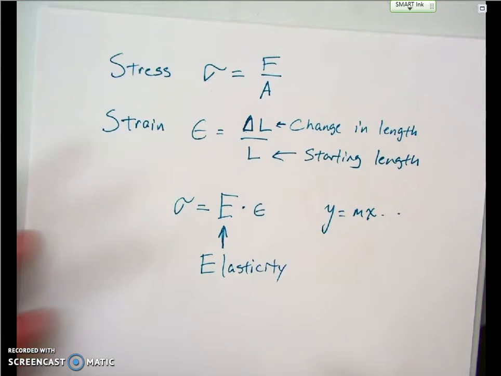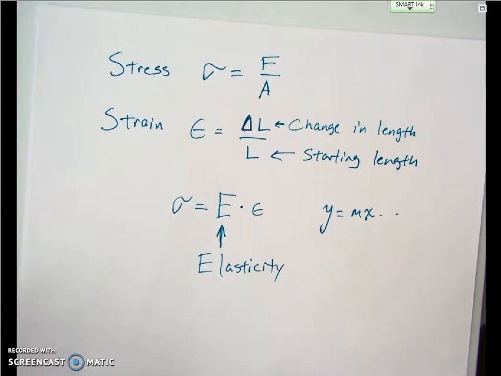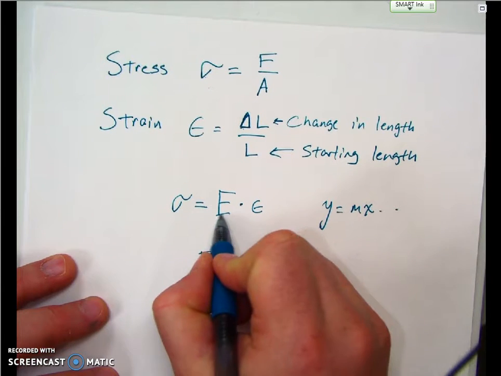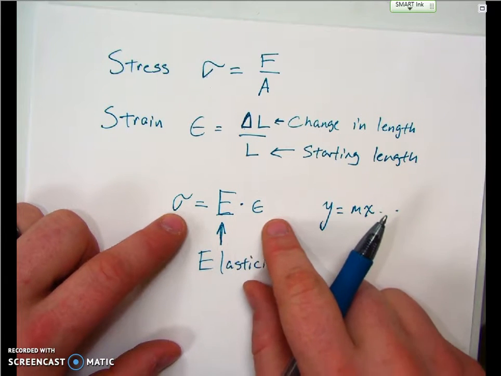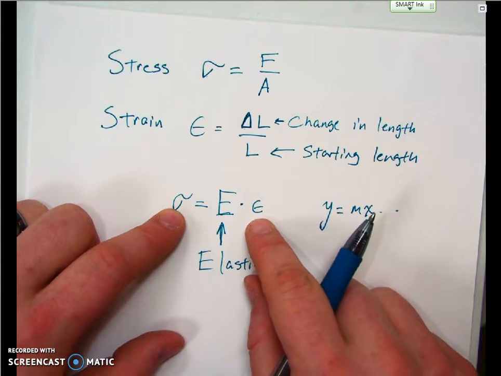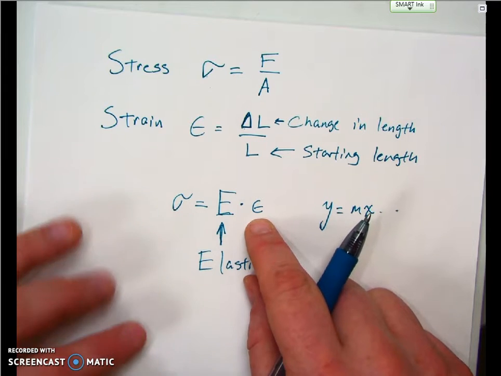If you think about elasticity, think about a rubber band. A rubber band is something very elastic. This number here is kind of a measure of how stretchy my material is. This is a property of the material, and I can figure out what this elasticity is if I know what the stress and the strain on my material are going to be.